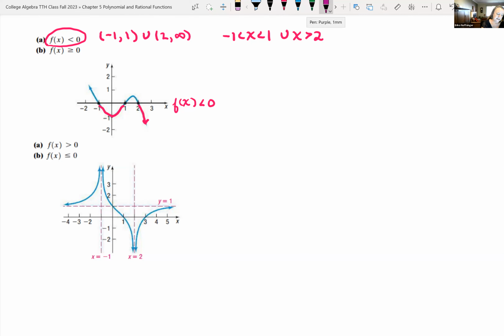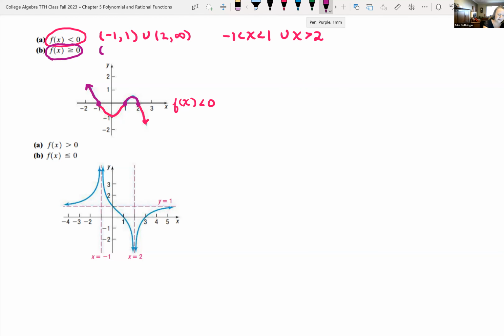For the next piece, it wants to know when is f of x greater than or equal to 0. So these are values where it is above the x-axis, and it wanted equal to 0, so it's also the values where we're touching or crossing the x-axis. Again, we want the x values that are giving us those.